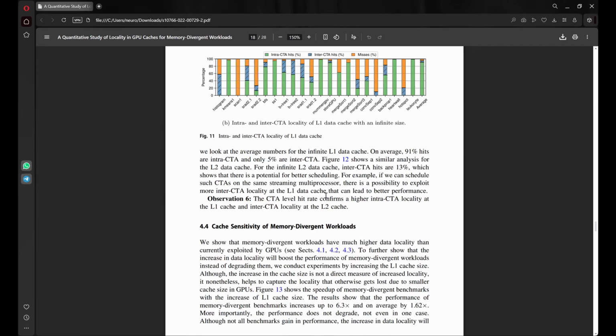So there's a possibility that locality could be exploited between two different CTAs, or two different thread blocks scheduled on two different SMs, if they were put in the same SM. They could use the L1 cache instead of the L2 cache, which could boost performance.